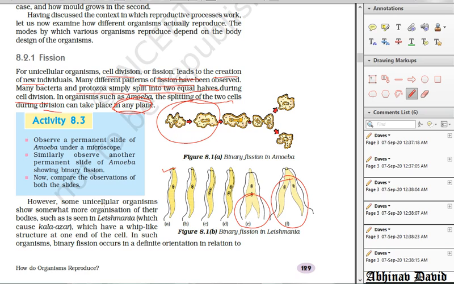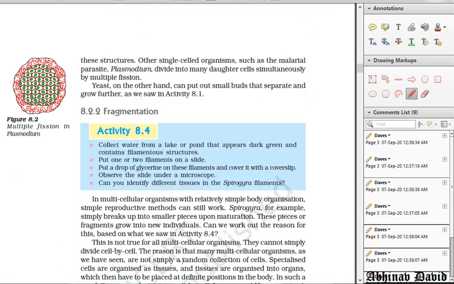However, some unicellular organisms like leishmania, which has a whip-like structure at the end of the cell, undergo binary fission in a definite orientation, meaning in a definite place, in a definite plane, in relation to the orientation of these structures.